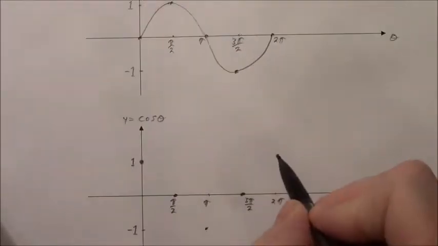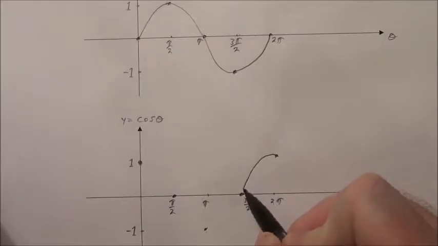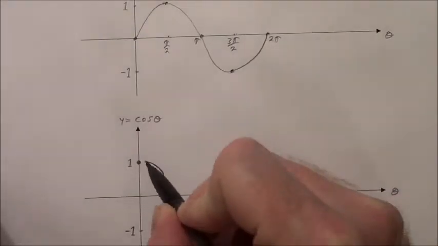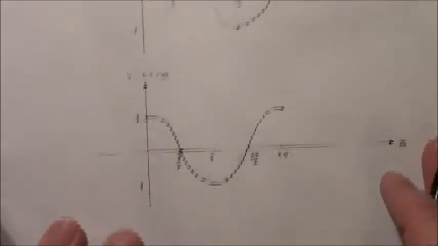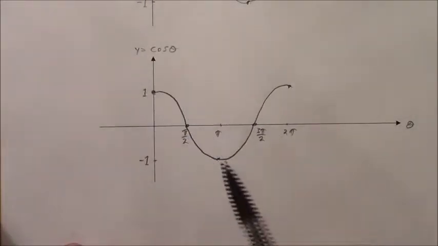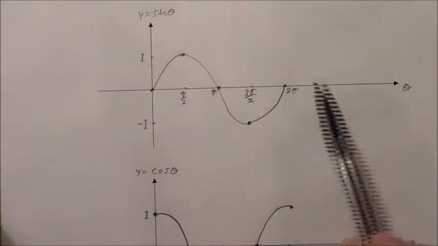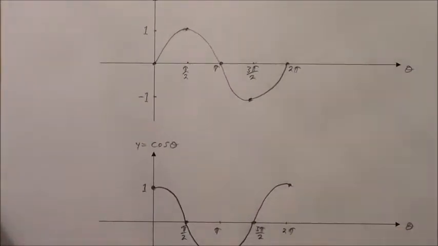And then we draw a nice smooth curve through these points, more or less like that. So this is the basic cosine curve, this is the basic sine curve, and these are the graphs that we'll be looking at as we look into the derivatives of sine and cosine, and of course tangent.